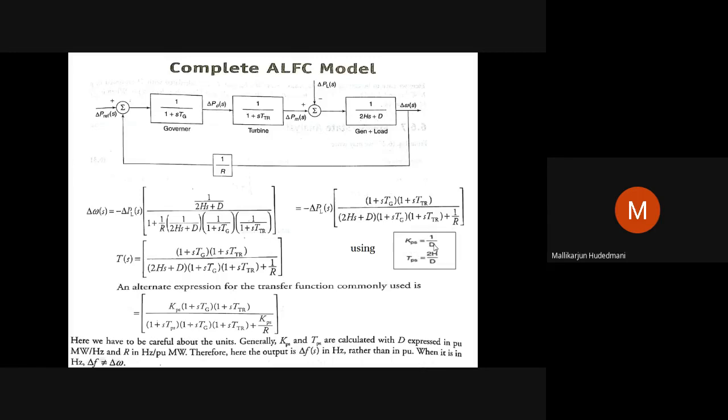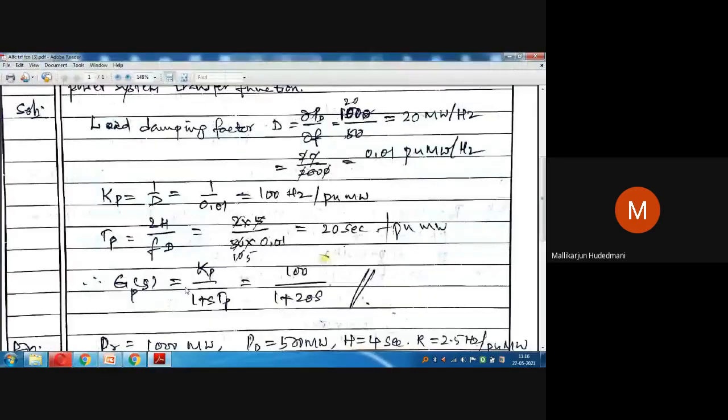Kp becomes 1 by D and Tp becomes 2H by D. With 1 by D taken to the numerator, it becomes Kp divided by 1 plus sTp. That is what I am trying to show here. You can view this as Kp by 1 plus sTp. So this is called the transfer function of the generating plant. How to calculate it? This is simple. Just see, 4 lines of work, worth an 8-mark problem. It is just this way.